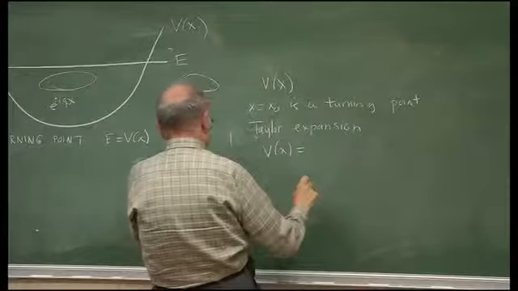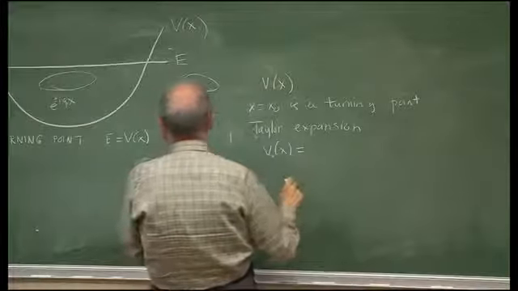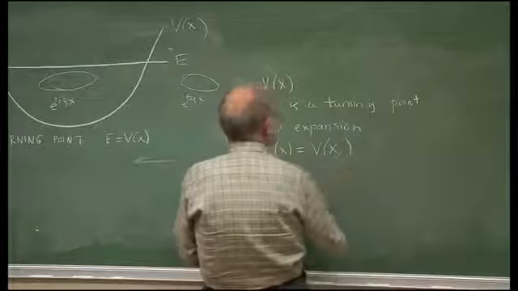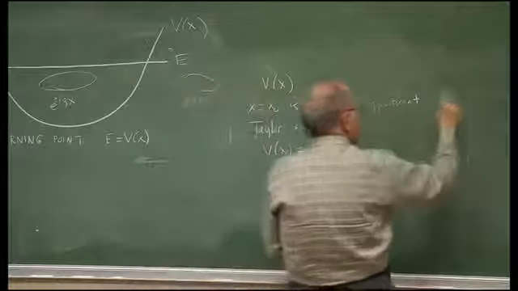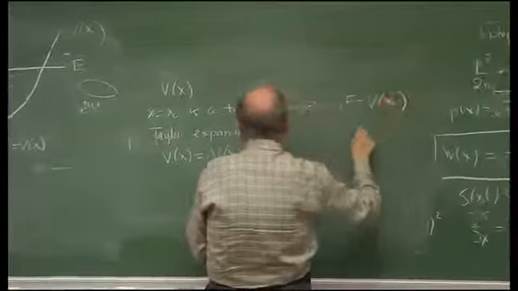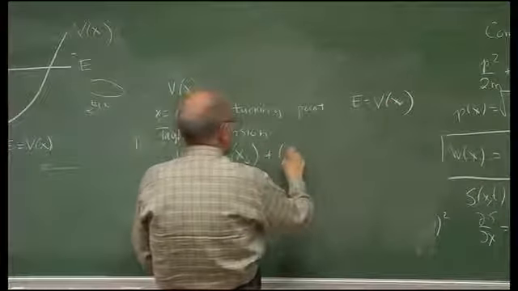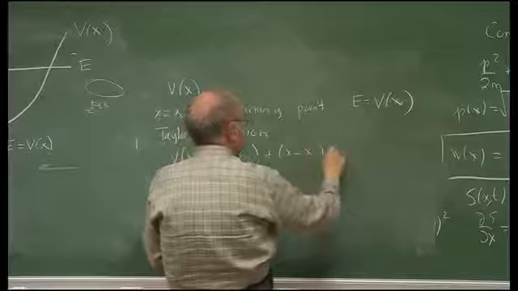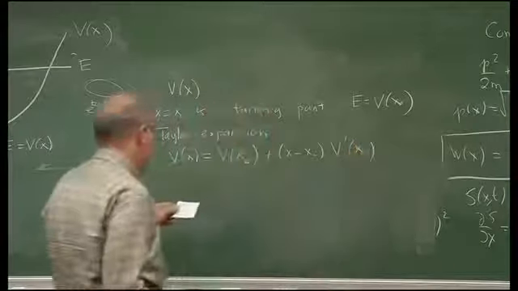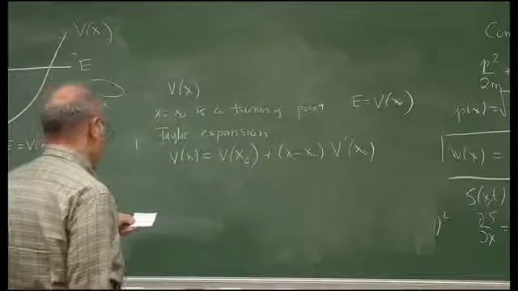V of x is V of x0, the turning point, which means E is V of x0, plus x minus x0 times the derivative of V at x equal to x0.